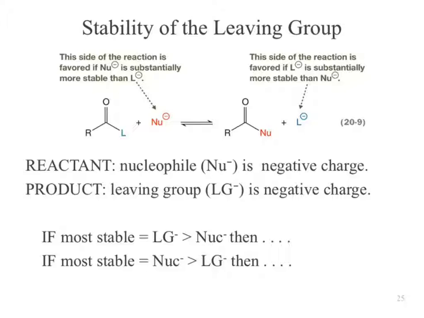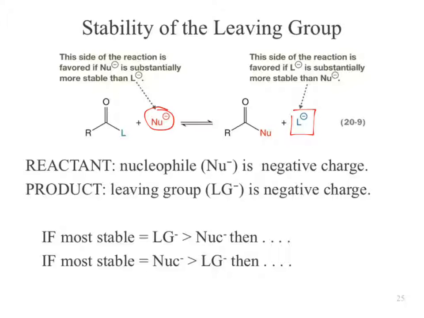So really what you're looking at, if the most stable thing is your leaving group, then what happens? If your leaving group is more stable than your nucleophile, what happens? We get a reaction. The reaction should happen because we're saying the leaving group, this species, is favored over the nucleophile. Well, if the leaving group is favored, which side of the reaction is going to exist?